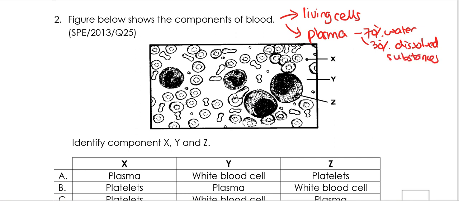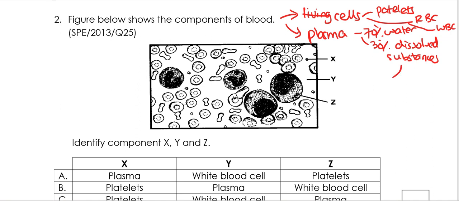But it also has these things, so it's not just living cells, but I would just say cells, because I wouldn't consider platelets as living. So it's made out of platelets, red blood cells, and also white blood cells.